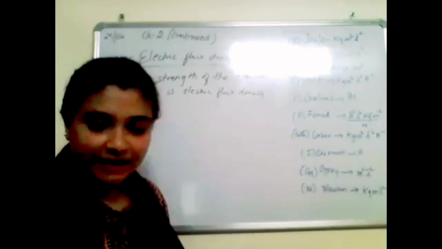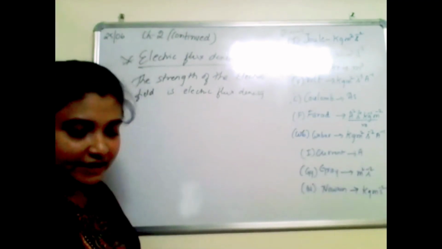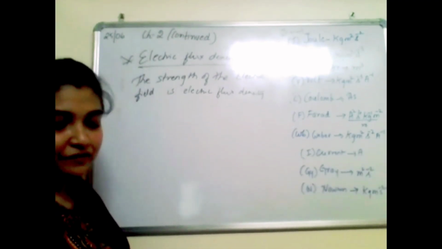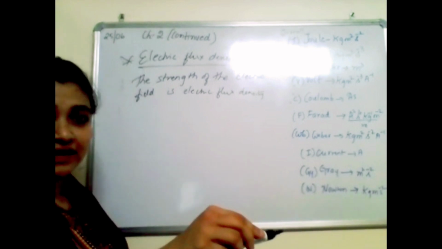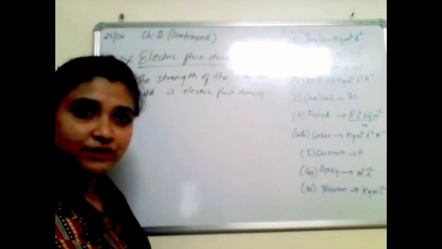Ma'am, I have a question. Yes, tell me. If the definition of this is the strength of the electric field, then what is the difference between electric field strength and electric flux density? Electric field strength that we have studied is the intensity of the electric field at that particular location. How strong it is at that particular point. But electric flux density is all the electric lines of force.